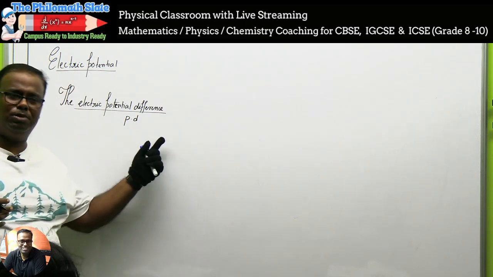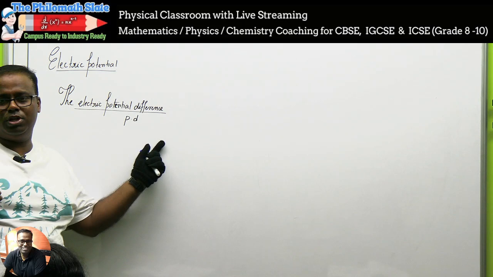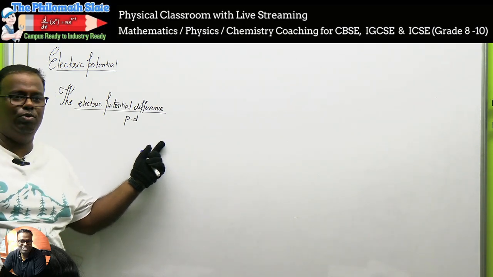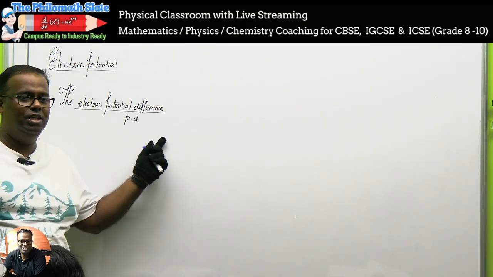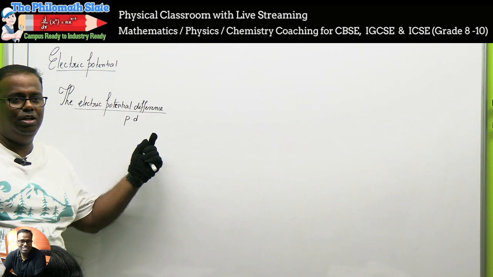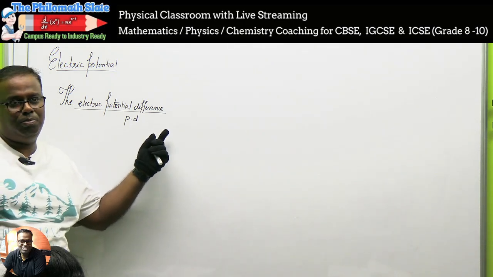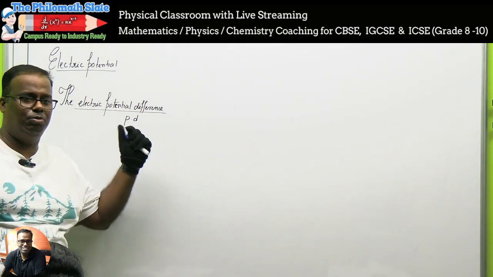You are in the chapter of electricity, so every potential difference is the electric potential difference. We are not talking about your stamina, your vigor, vitality potential, or potential in terms of your playing cricket, वो सब नहीं, it is electric potential.